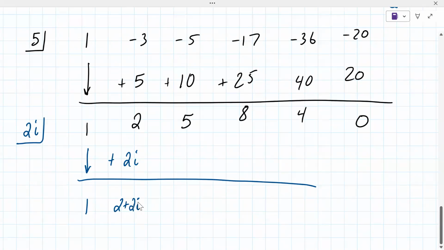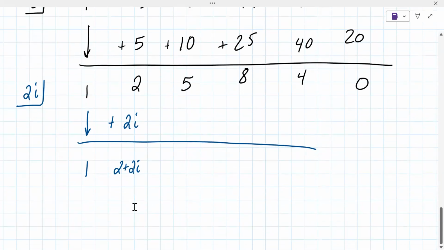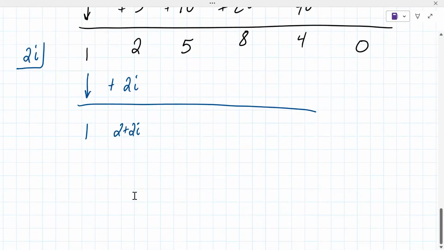Take a look at that, see if that's okay before we proceed. Yeah. Is that okay? Yes.